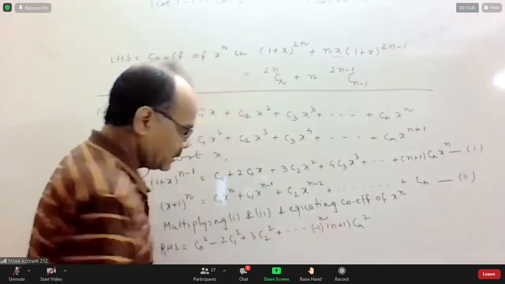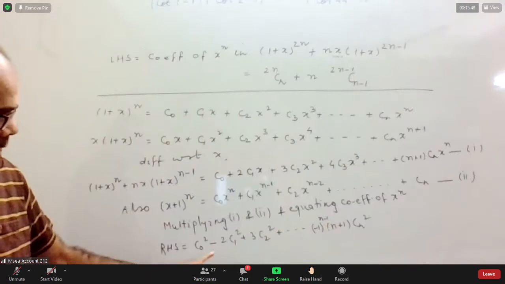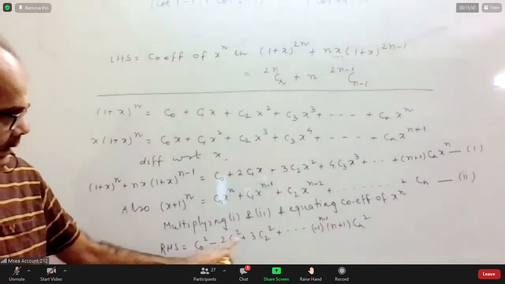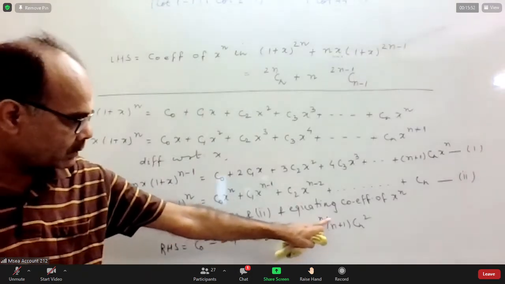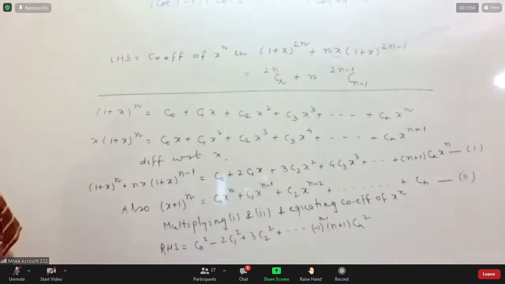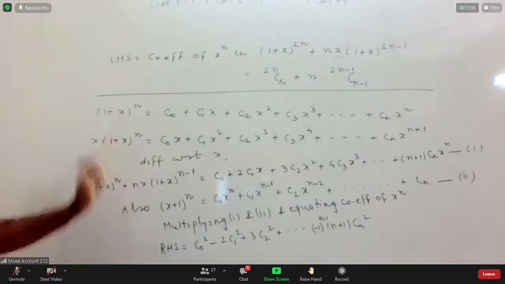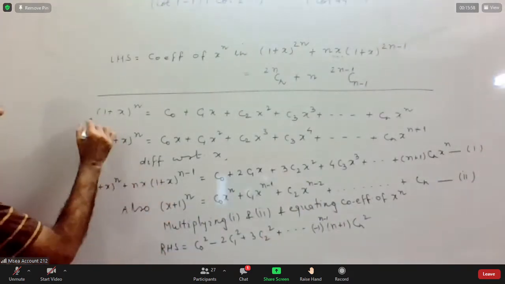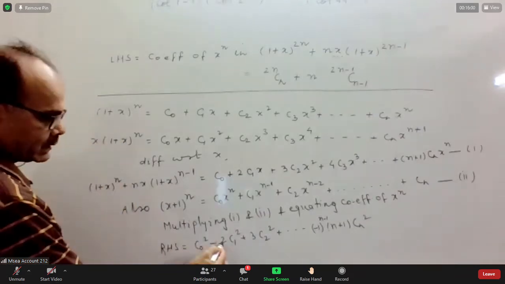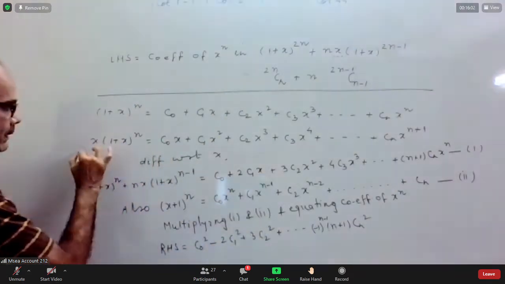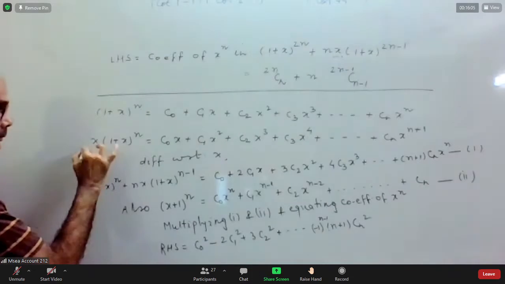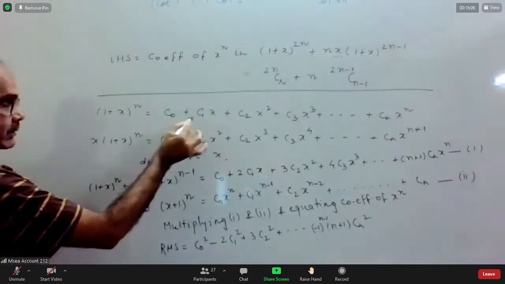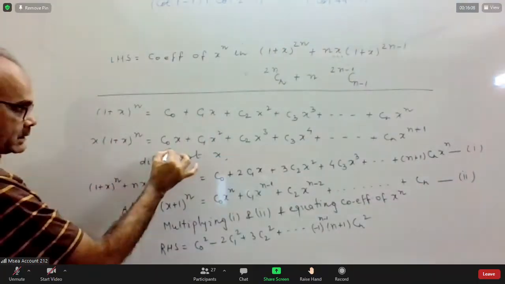If n is even, it will be minus, if n is odd minus 1, even is plus. Suppose we want this value, then what should we do? See, this series will be same. Here 2, 3 are there, so we have to multiply. We have to differentiate, but differentiating after multiplying by x, so that this term will remain.